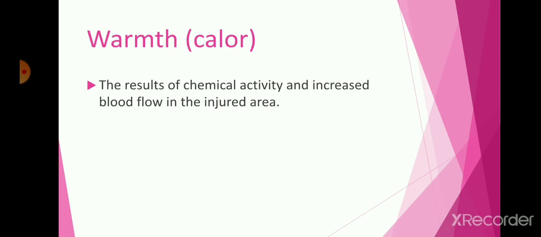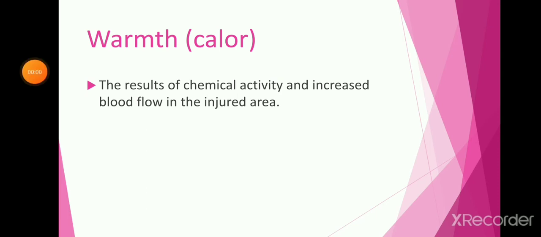Secondly, because of this excessive blood supply, there is a slight elevation in the temperature of the affected part, resulting in warming of the tissue compared to the rest of the body, a condition called calor.